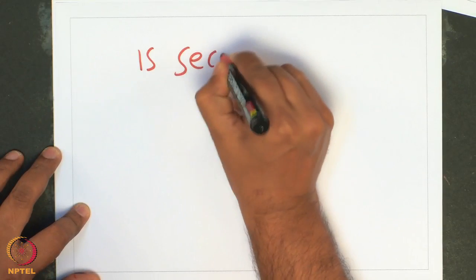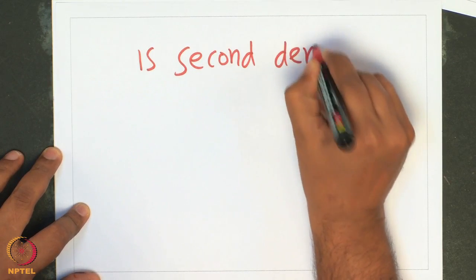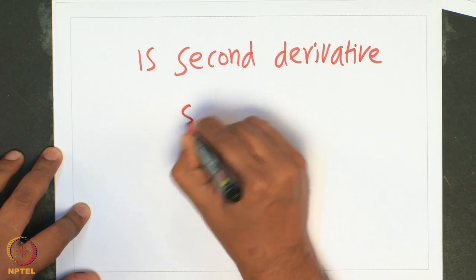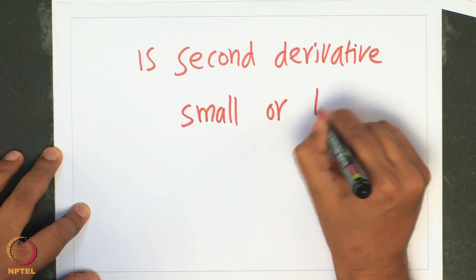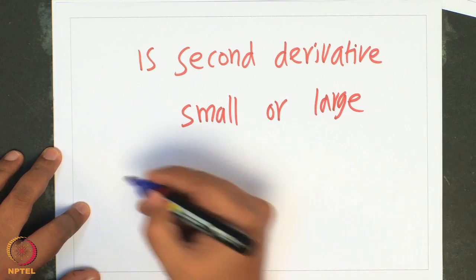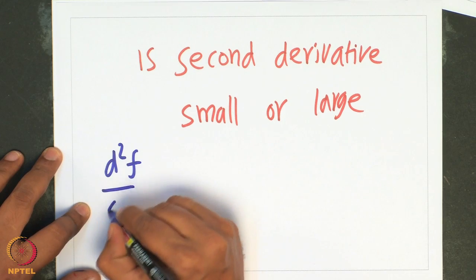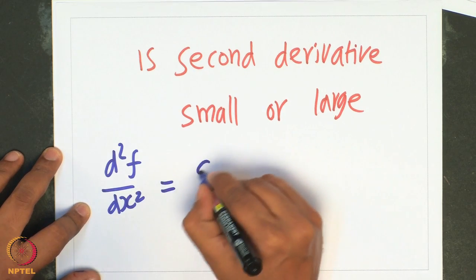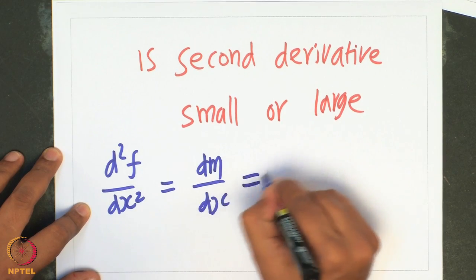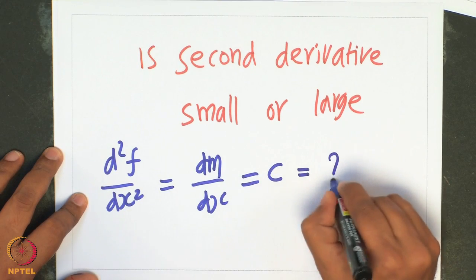So if you want to understand curvature, we want to understand, for anything that we see, how much is it curved? Is it curved a little bit, or is it curved a lot? To know that, what we would be calculating is the second derivative. So is the second derivative small or large? That is, if I calculate d square f by dx square, which is the same as dm by dx, which we call c, is this big or small?